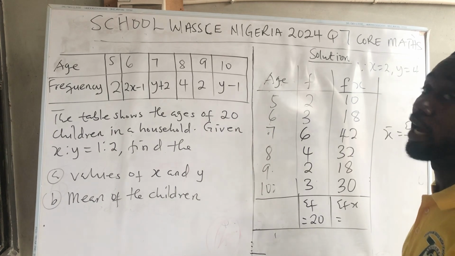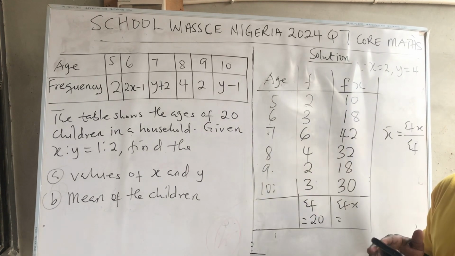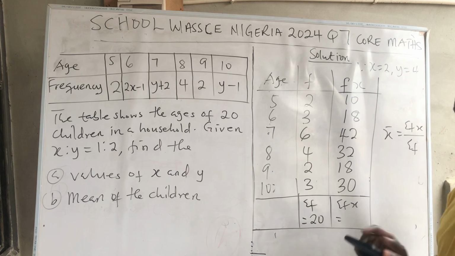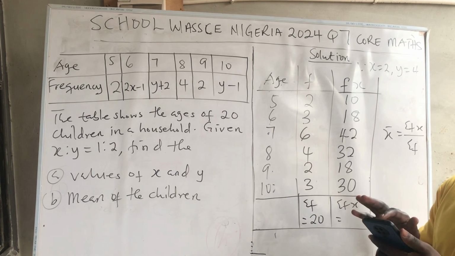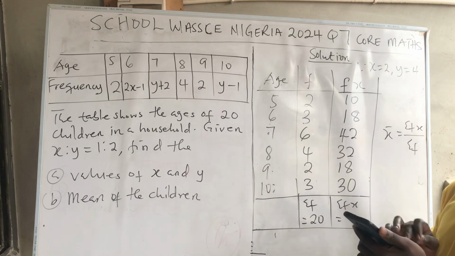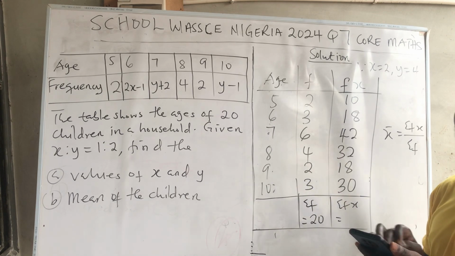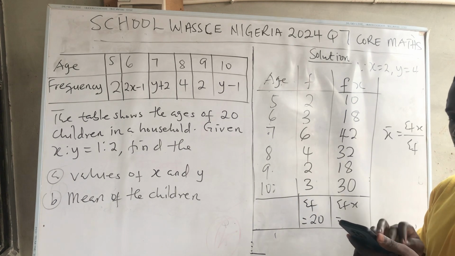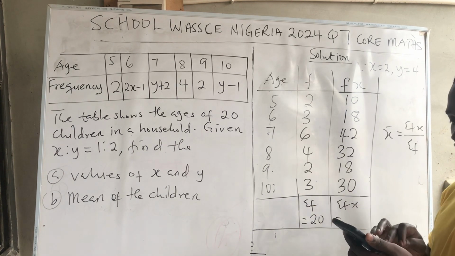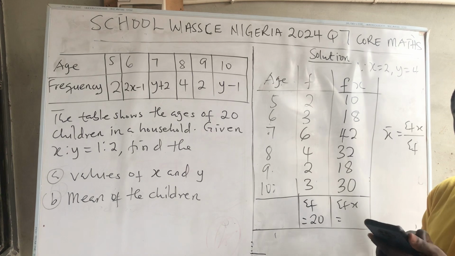Okay. So let's add all the fx and then we get a summation of fx. Okay, so let me use the calculator. So we have 10 plus 18 plus 42 plus 32 plus 18 plus 30.